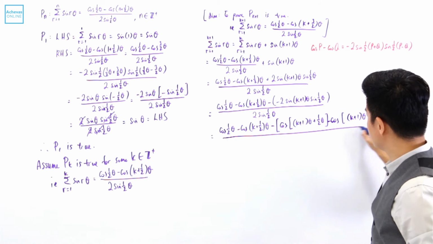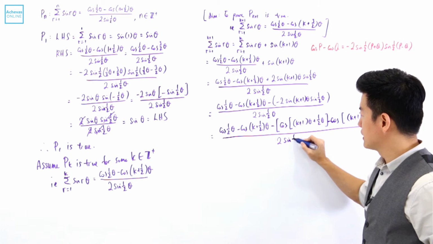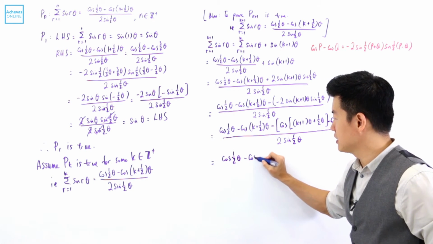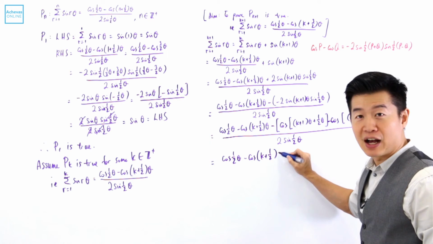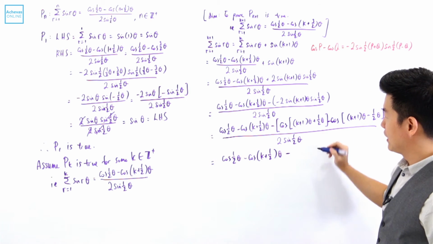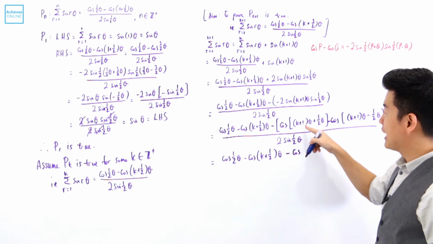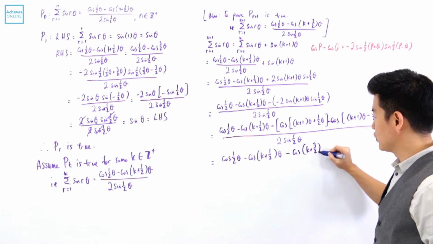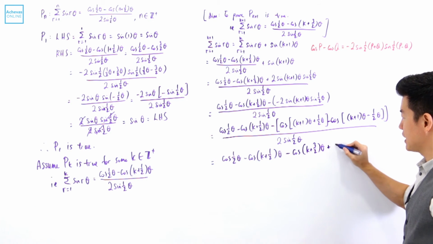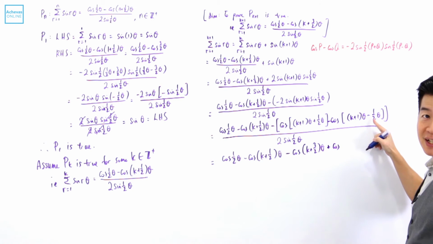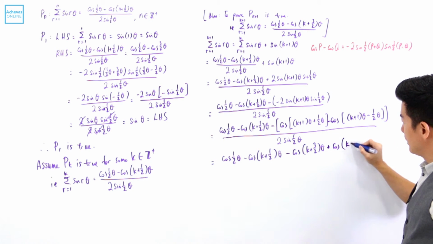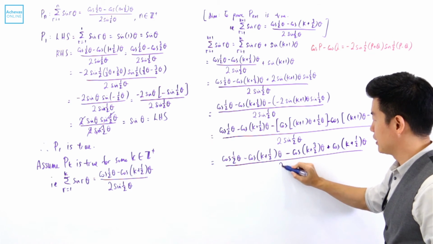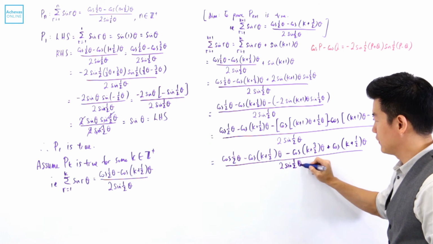And this is to be divided by 2 sine half theta. So this is cosine half theta minus cosine (k plus half) theta minus, this is going to be cosine of (k plus 1 plus half), it will be cosine (k plus 3 over 2) theta, minus minus becomes plus, cosine of (k plus 1 minus half), it is going to be (k plus half) theta. And this is divided by 2 sine half theta.